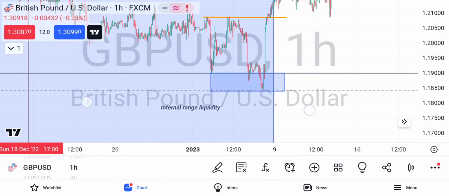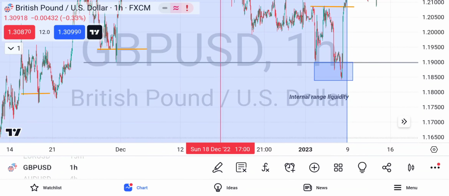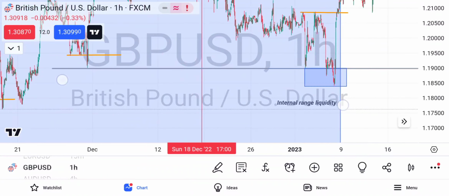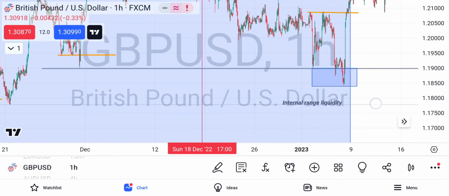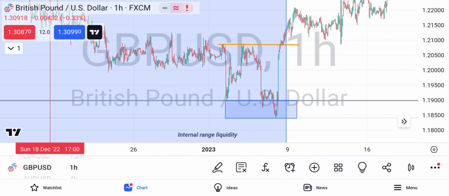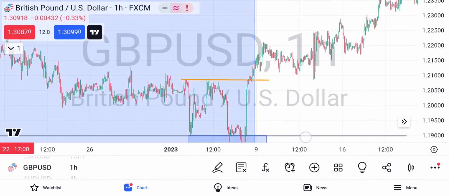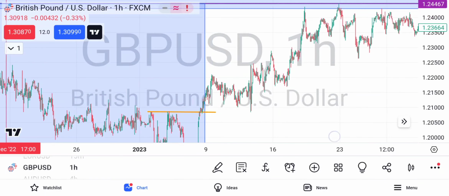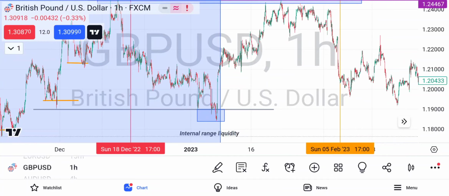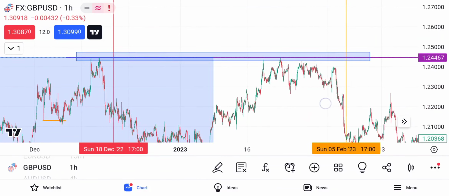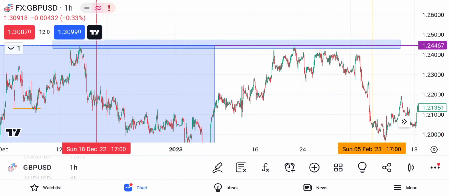Now this is internal range liquidity, and internal range liquidity that formed equal lows here and here. So you can see it there, and it took it out, and see the big run upwards, which eventually formed these relative equal highs that you are seeing here again.